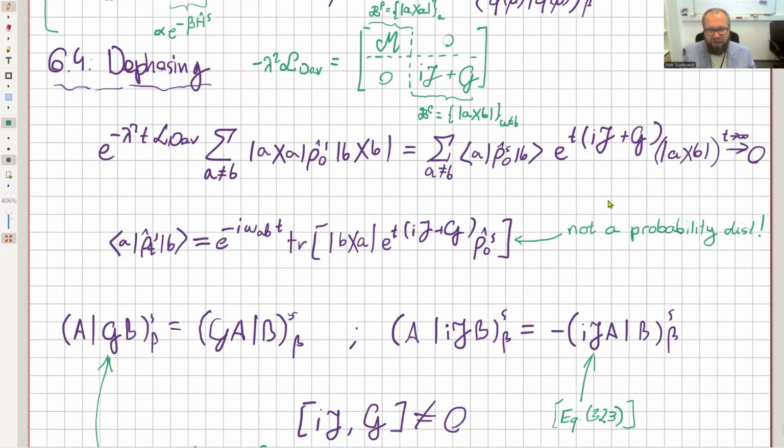So complication number one is that if you look at the diagonal matrix elements of the initial density matrix, or of the density matrix at time t, as I wrote it here, these are complex numbers in general. So this cannot be interpreted as probability distributions, right? Which is kind of unfortunate for us, because we cannot use, for example, the H theorem that we employed previously to show this effect of the thermal state being an attractor.